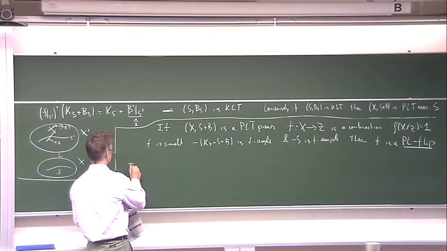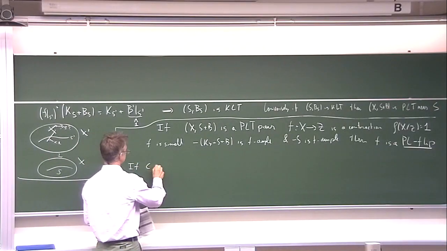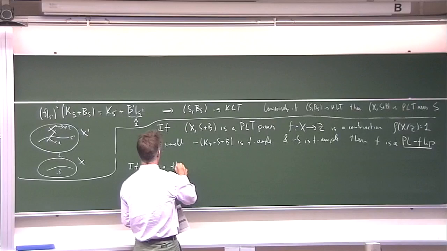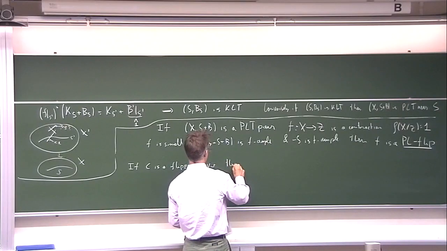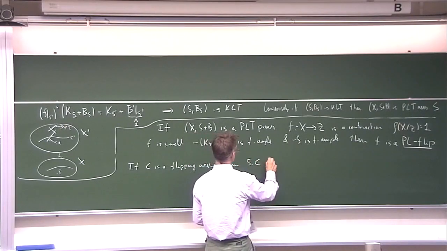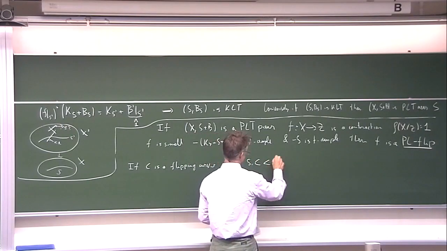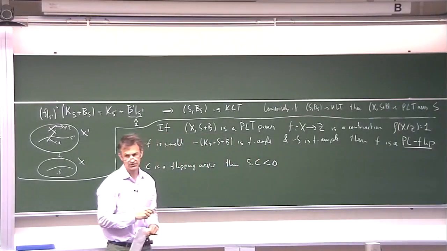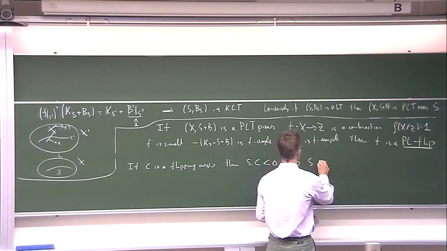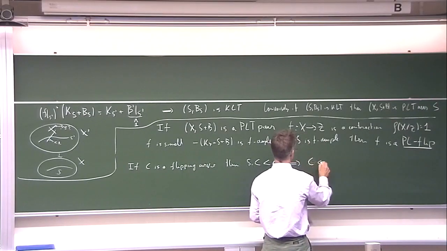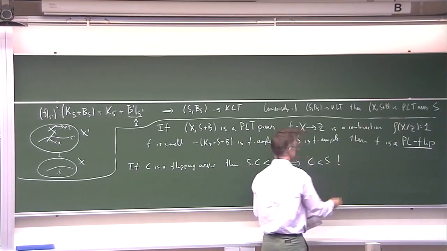So if C is a flipping curve, then S·C is negative because -S is relatively ample. So that tells you that C is contained in S. Right.